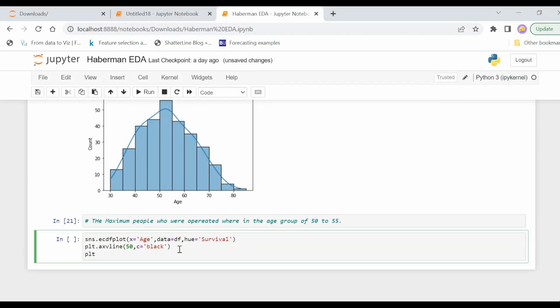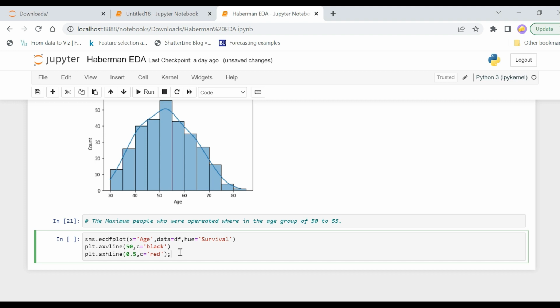And here also I can, this is my horizontal line, that was my vertical line, this is my horizontal line. So in this case, let me see the proportion of 50%, and let me write c is equal to color. c is nothing but color.